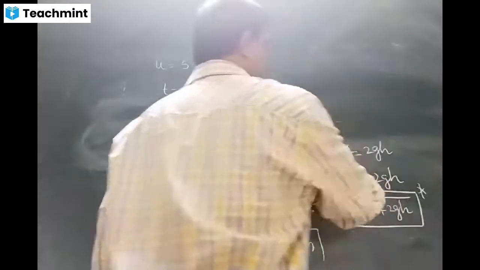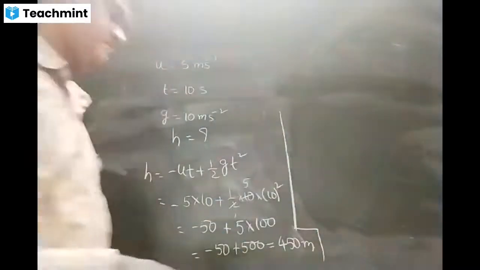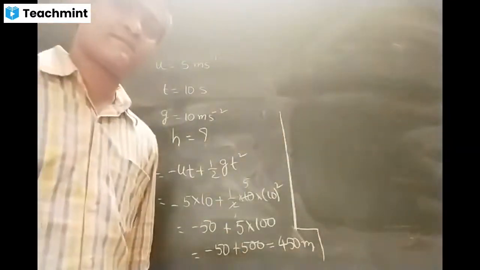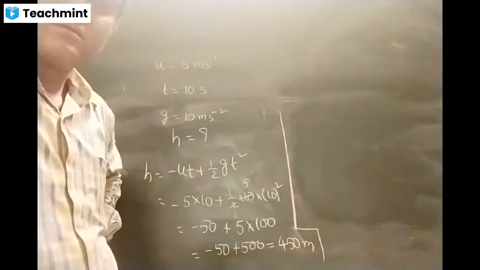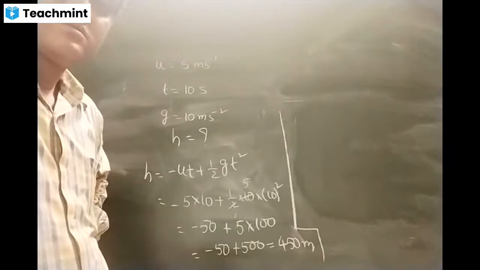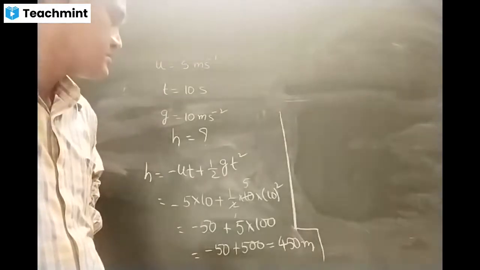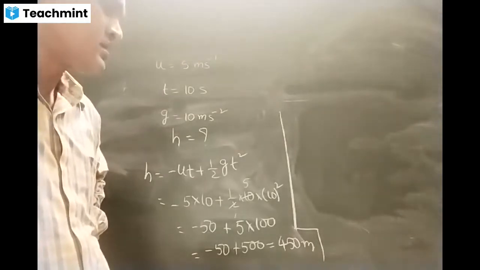Okay. Sir, under root 5 minus 9 lakh, sir. V square.